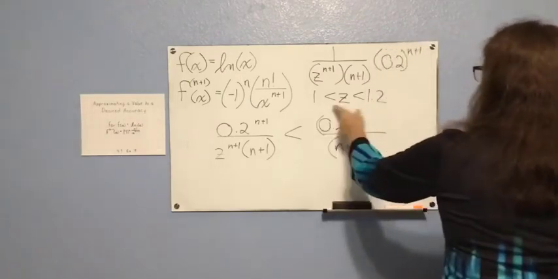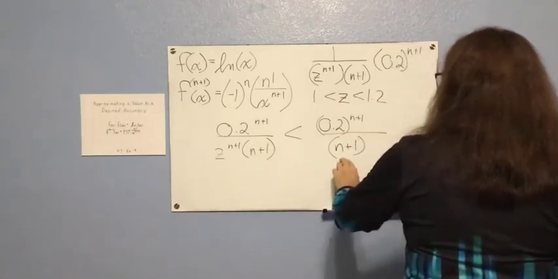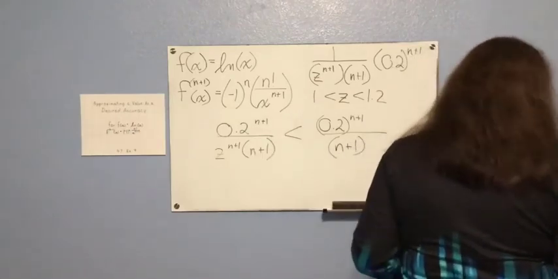Okay, z is bigger than 1, so this is going to make the denominator larger than this denominator, so the whole fraction is smaller.